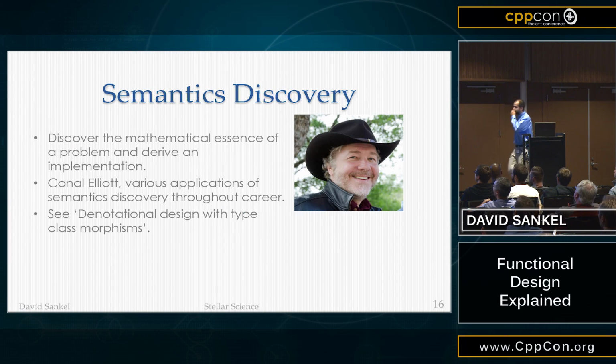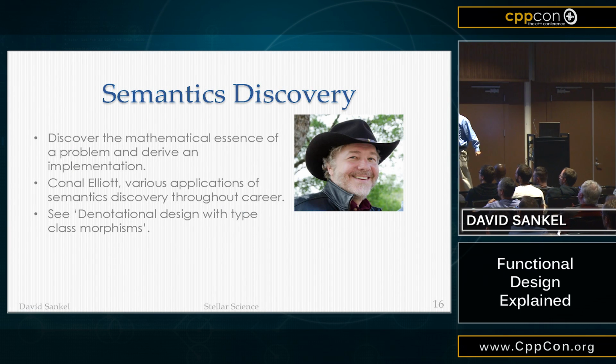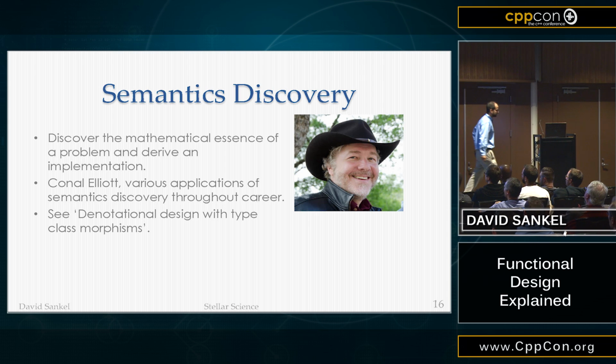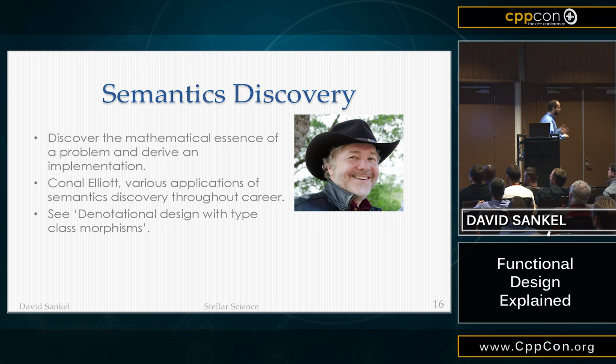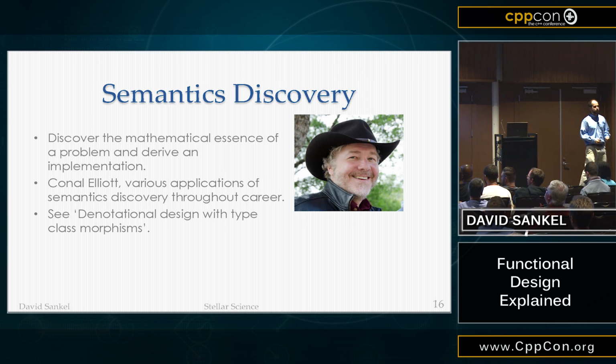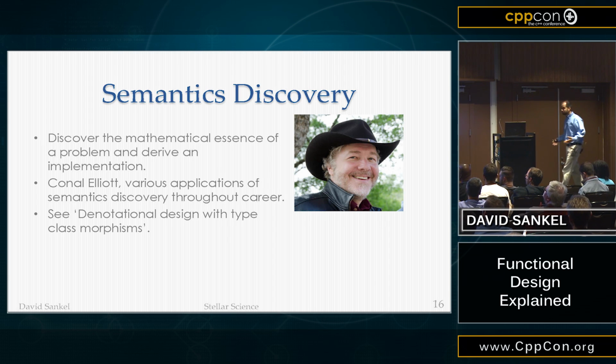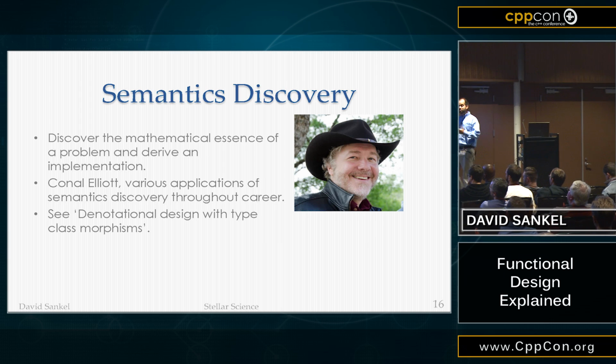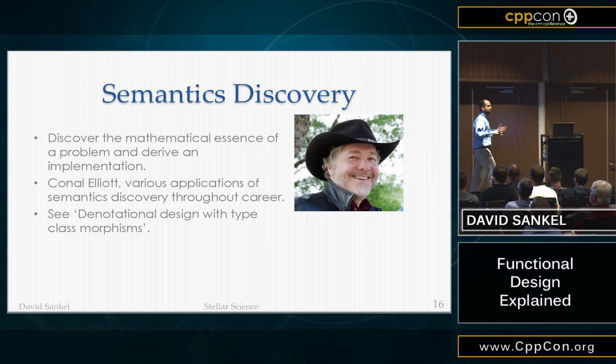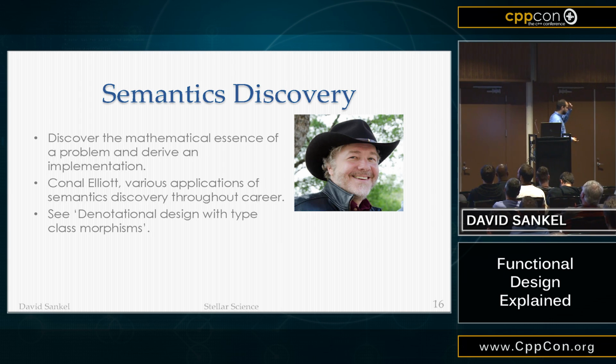And then finally, we have the idea of semantics discovery. So this is Conal Elliott, who you see on the screen here, and he's a modern proponent of this methodology. But basically, you have a problem, and you're trying to find out what the problem is mathematically. So Newton did this, right? He's trying to figure out gravity. How do we model gravity? What's this problem?